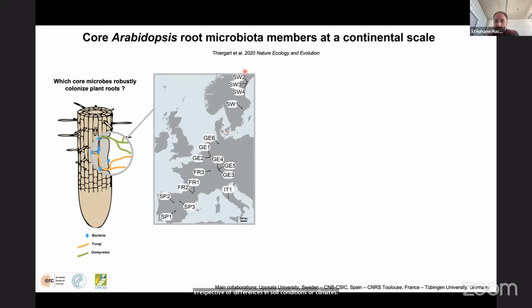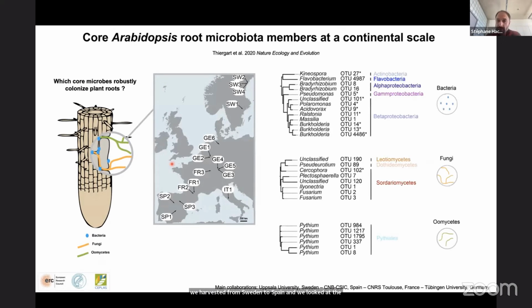To do that, we went to the field across Europe and harvested Arabidopsis thaliana from Sweden to Spain. We looked at the composition of the bacteria, fungi, and oomycetes that colonize the roots of these plants. We were quite surprised to see that although these plants face very different environmental conditions, they often associate with the same small group of highly abundant microorganisms that are listed here.